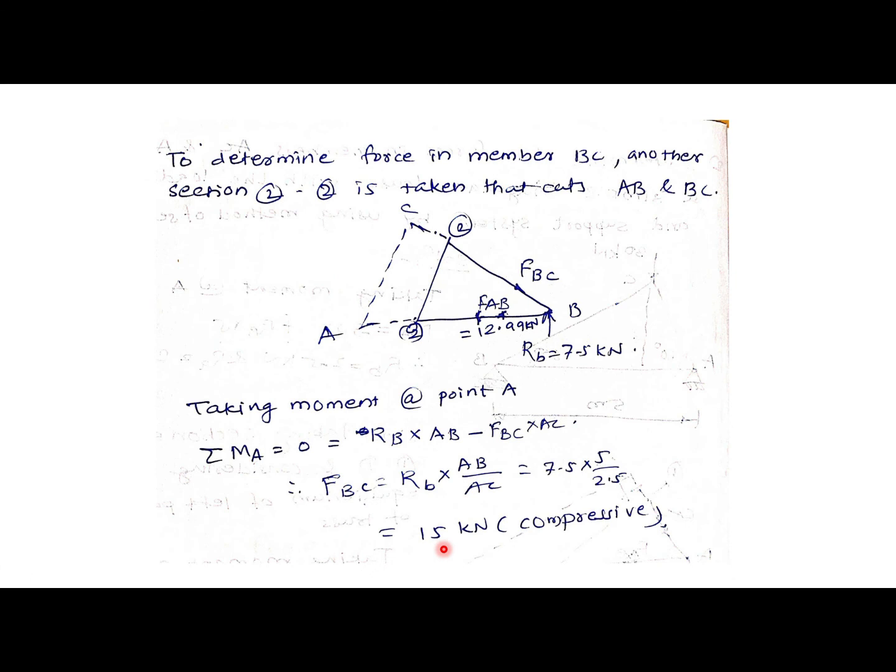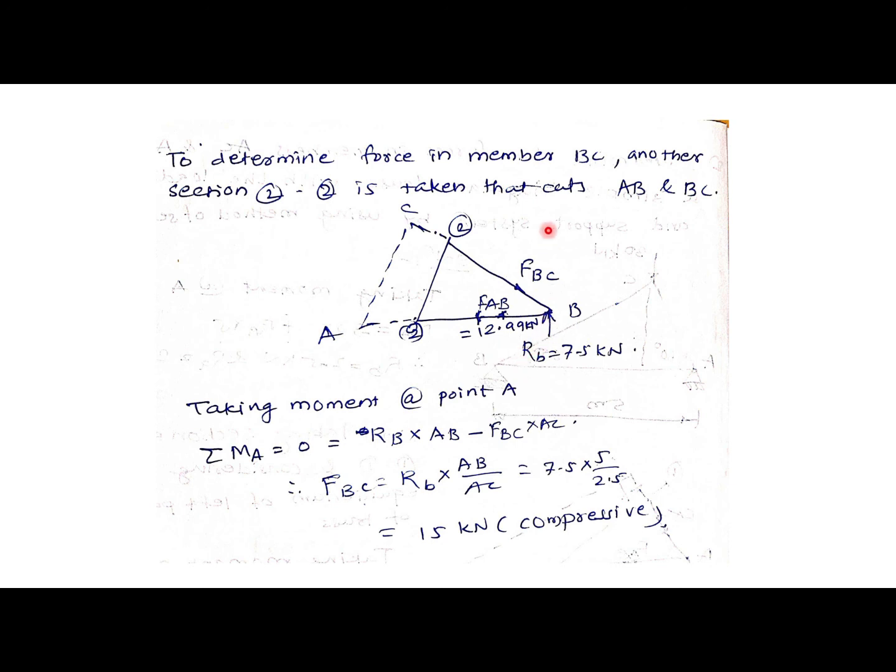Now let us find out the force in the other member BC. Here I am considering section 2 to determine the force in member BC, and I am considering the right part of it. Taking moment about point A, we are left with only the unknown BC. Writing the equation for the moment, we get the force in member RB into the perpendicular distance from point A, that is AB.